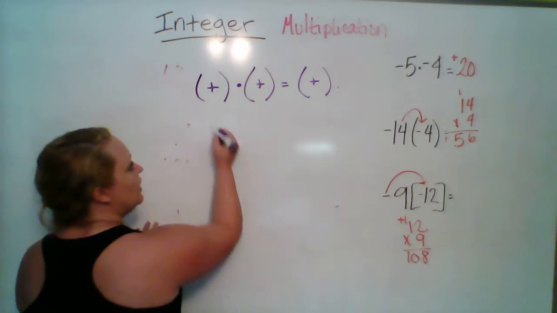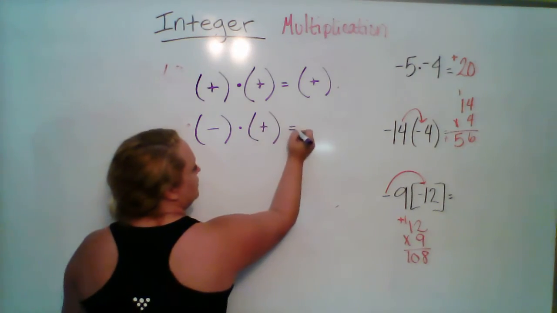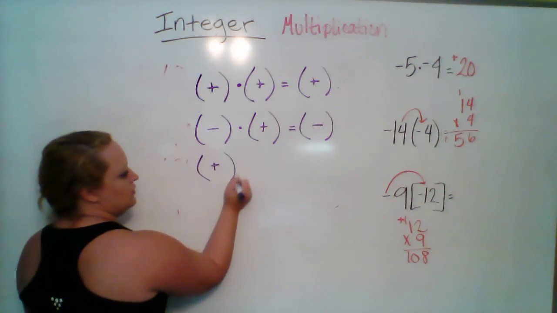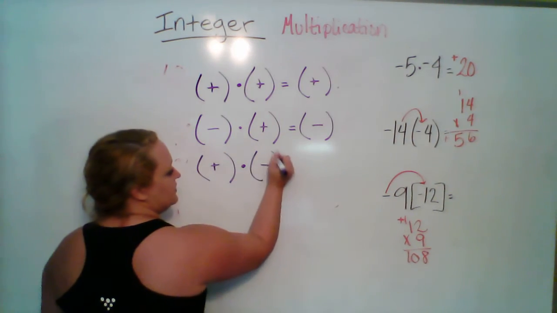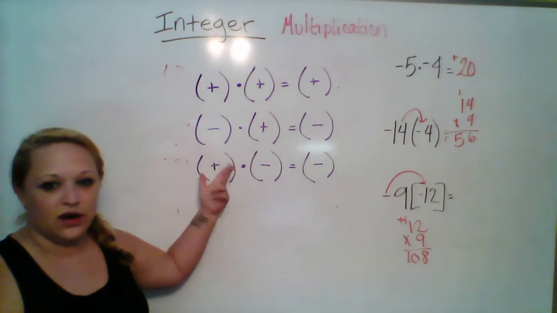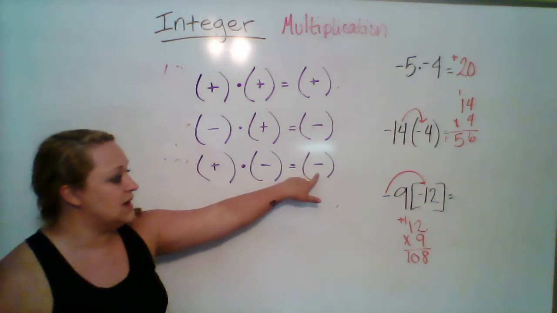Okay? A negative times a positive will give me a negative. Now, it doesn't matter if the negative is in the front or if it's at the back. It doesn't change anything. Okay?